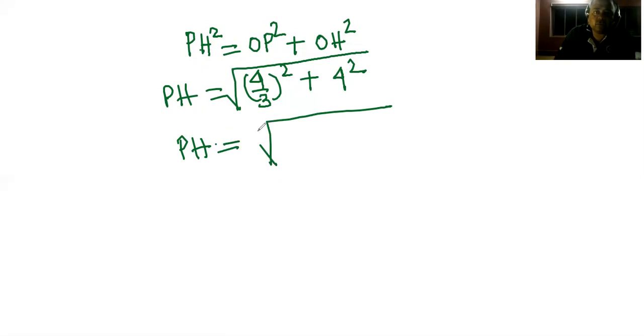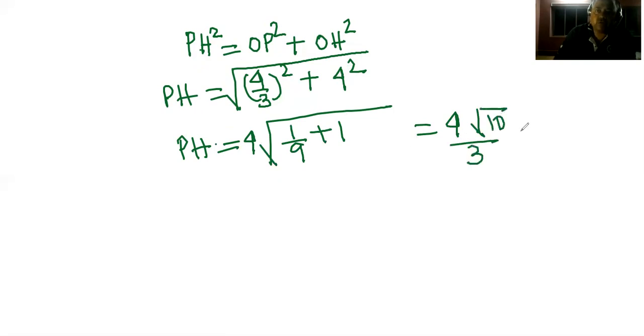So I can take 4 square common out. So I'll get 4 over here, and I will get 1 by 9 plus 1. Therefore I will get 4 root over 10, and root 9 is 3. So children, it will be this much feet. And what is this PH? PH is actually representing the displacement. What displacement?